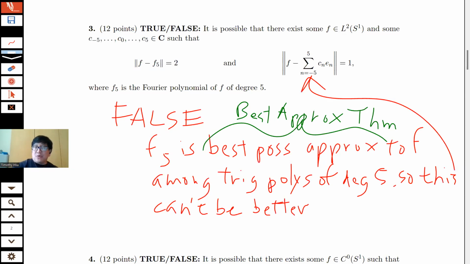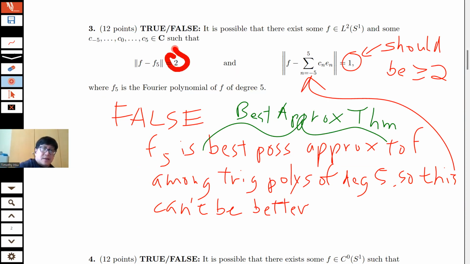Anyway, so Stacey, you asked, it would be 0, not 1. What would be 0, not 1? Oh, I think I know what you mean. You're saying this should be at least 2. Right? Because this thing here represents the size of the error in the approximation between f and f5.